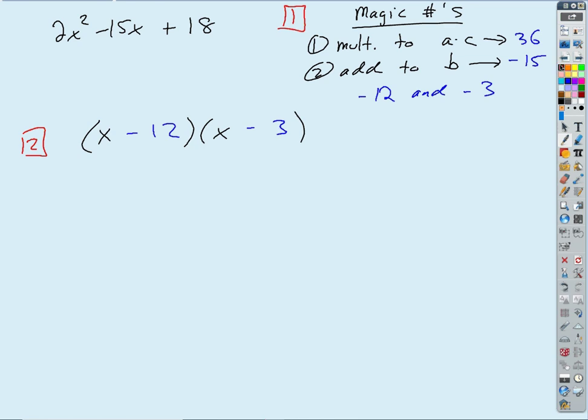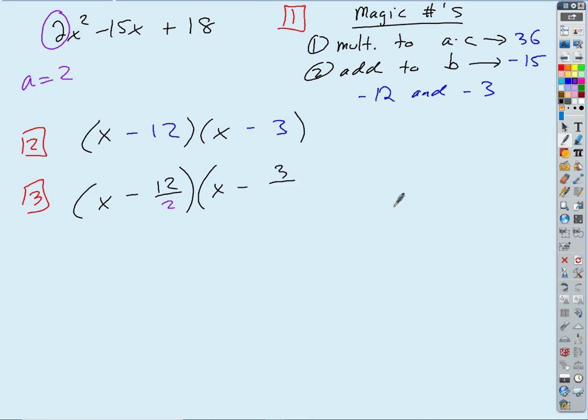Step 3 is that whatever our coefficient is, in this case A equals 2, we're going to divide each of the magic numbers by 2 and reduce if possible. So we end up with x minus 12 over 2 times x minus 3 over 2.